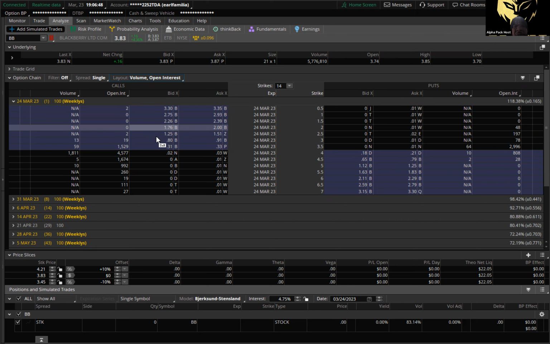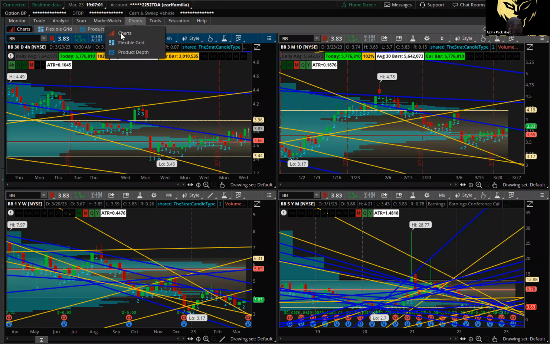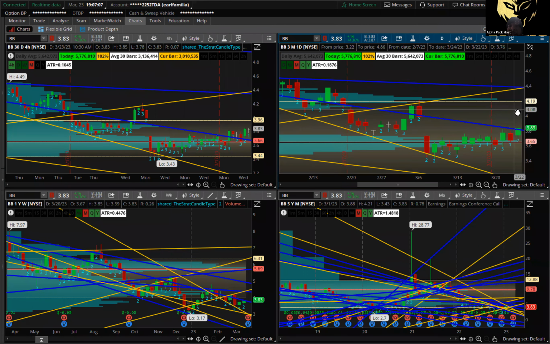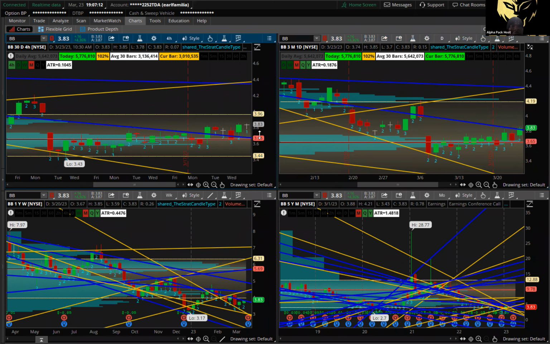Man, they trying to bait you in there with them $4 strikes, man. Yeah. So I mean, hey, there's some people at the party for these weeklies. We are looking at it long, so it's not that I have any negative connotations on it. I just typically stay away from the lower underlying stocks.